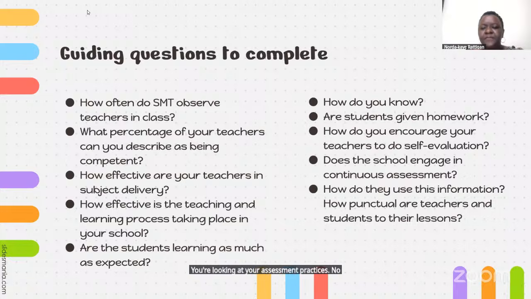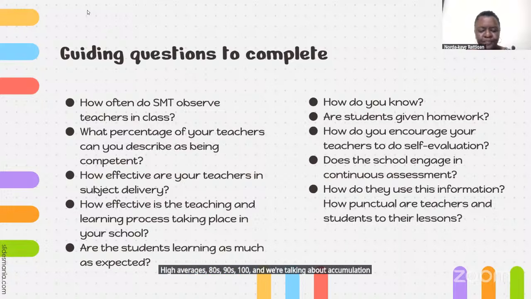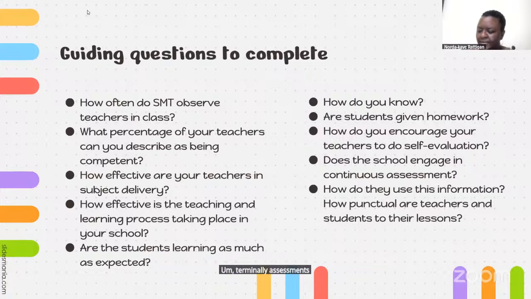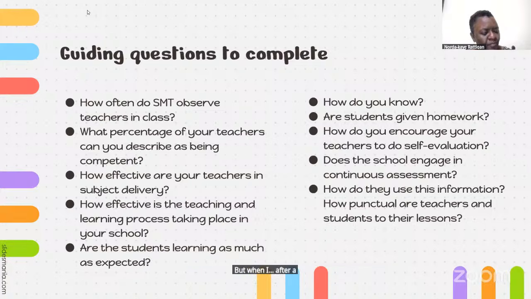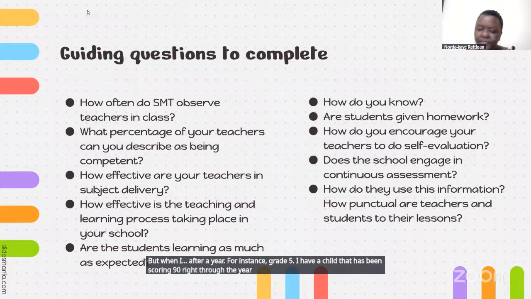Picture this. When I look into your mark book, I am seeing high averages, 80s, 90s, 100, and we're talking about the accumulation of end of term assessments, monthly tests, all of those things. Everything is high. But after a year, for instance in grade 5, I have a child that has been scoring 90 right through the year, and at the end of PEP, when I get back the result, that child is at beginning.